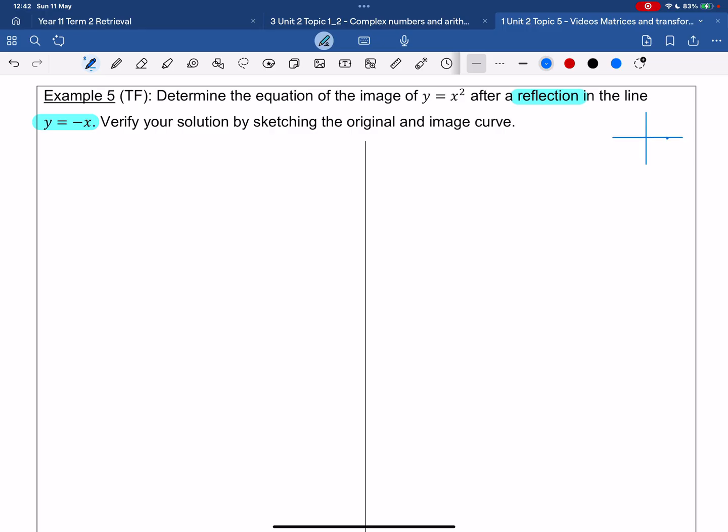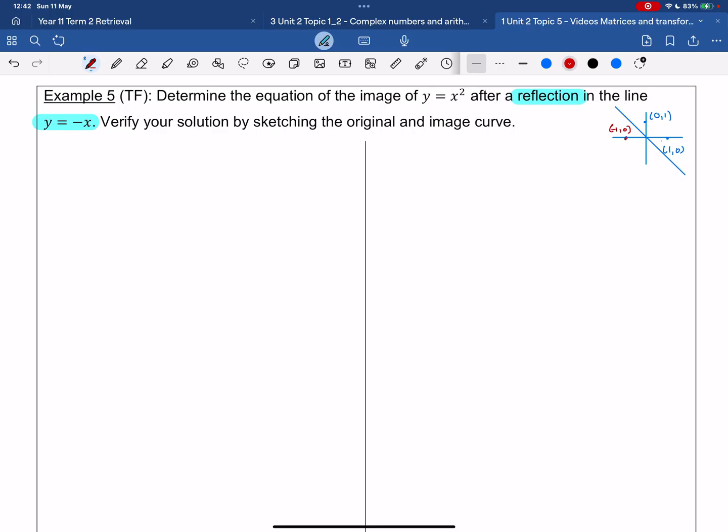Okay, we have our points (1, 0) and (0, 1). And the line y equals negative x is that line over there. So if I'm reflecting my points, my point (0, 1), let's do it in red, moves to over here and becomes (-1, 0).